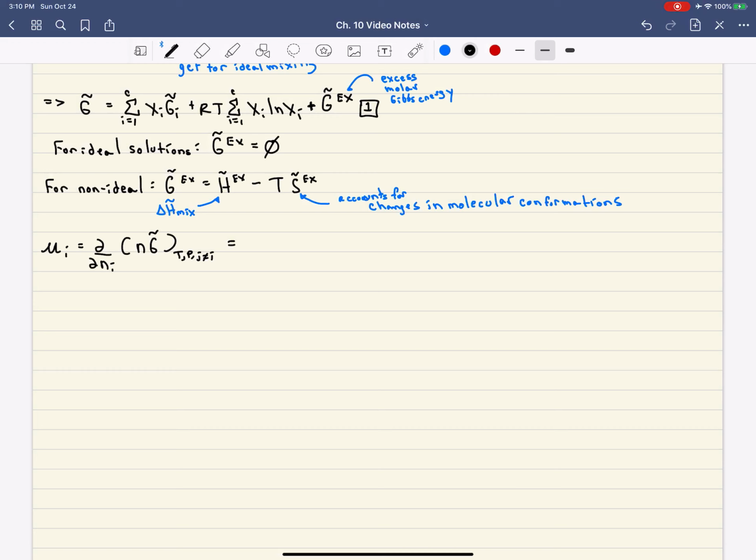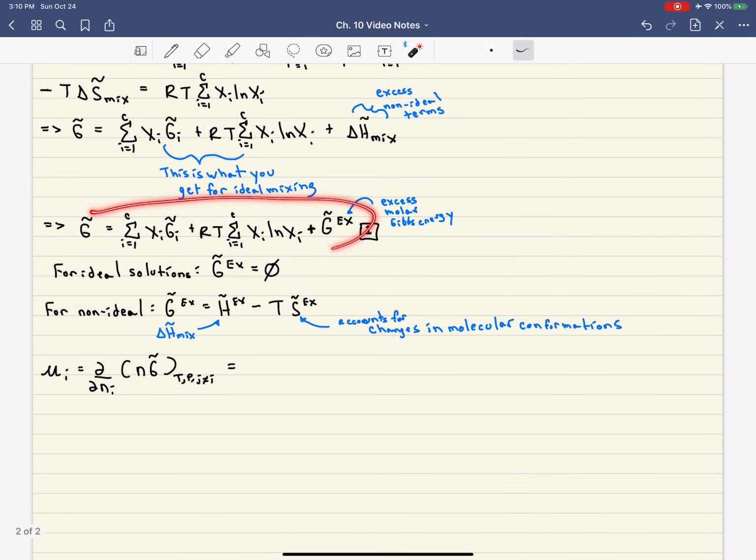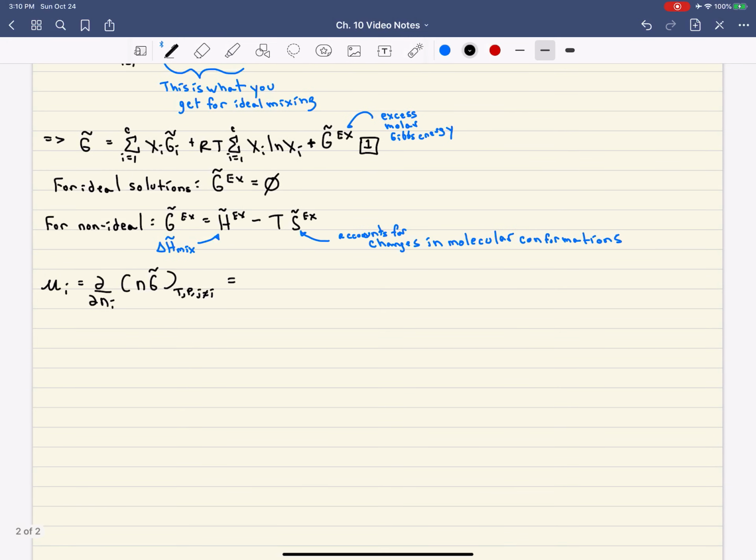And so what we're going to be doing here is taking the partial derivative of this equation up here. Okay? So what we get is Gi molar at T, P, plus RT ln of xi, and then plus the partial molar Gibbs excess energy.